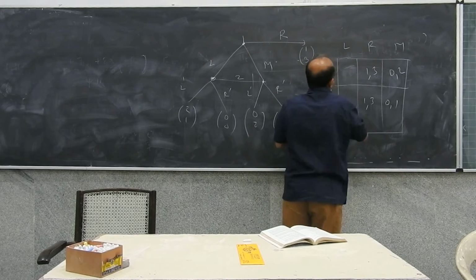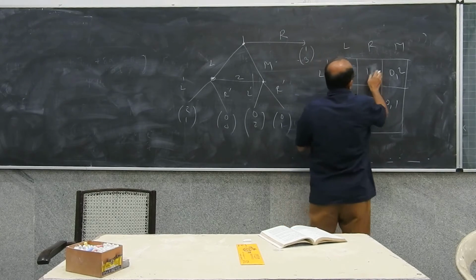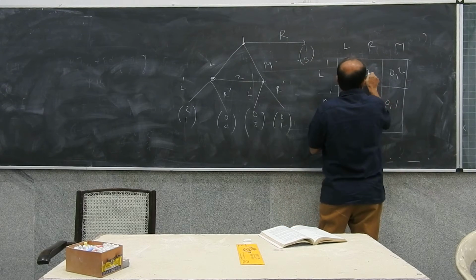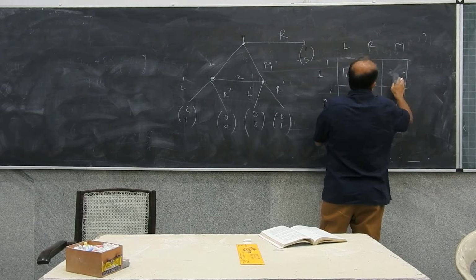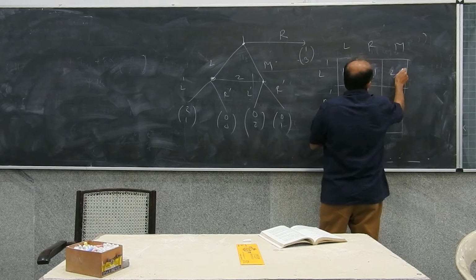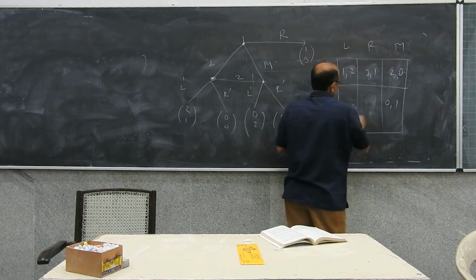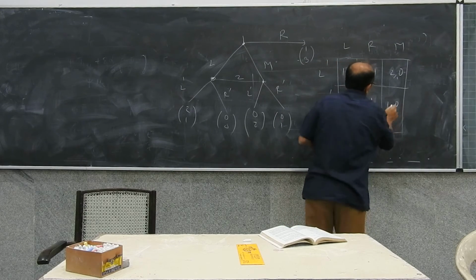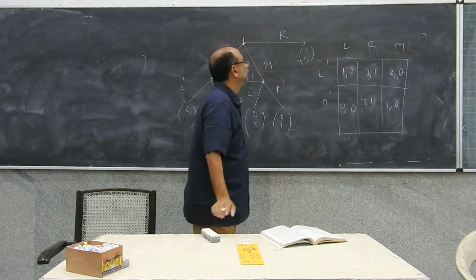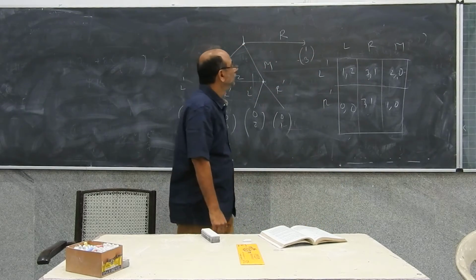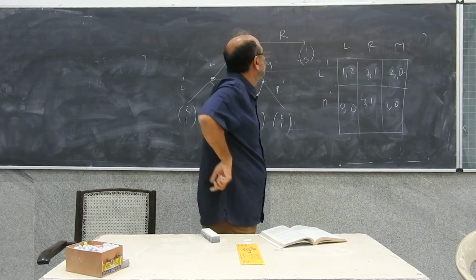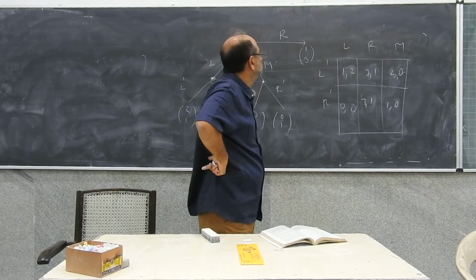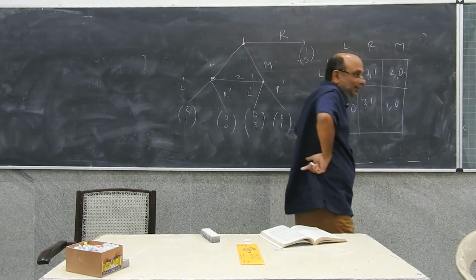So let me just interchange: 1, 2, 3, 1, 2, 0, 0, 0, 3, 1. Yeah? So can you identify the Nash equilibria? Now things will be easier.